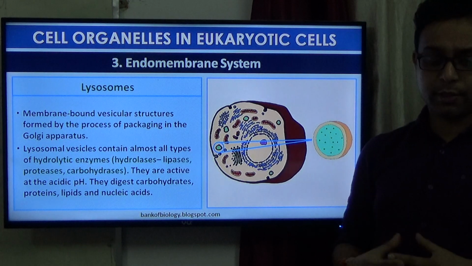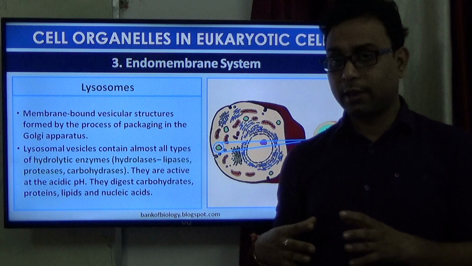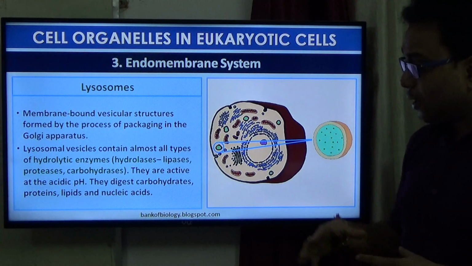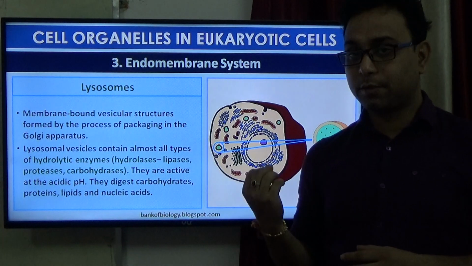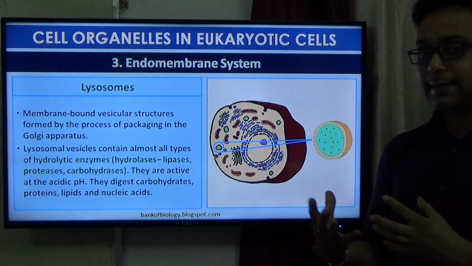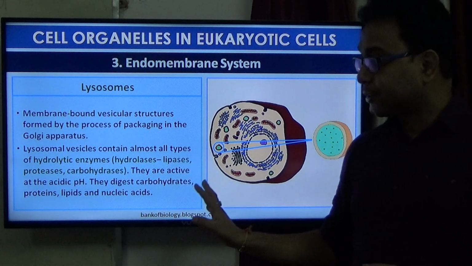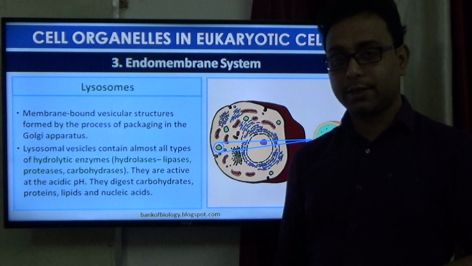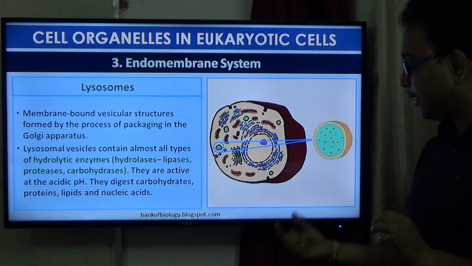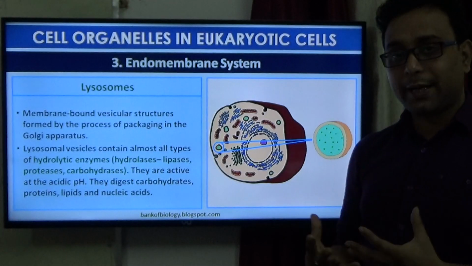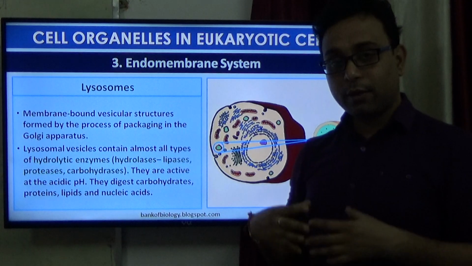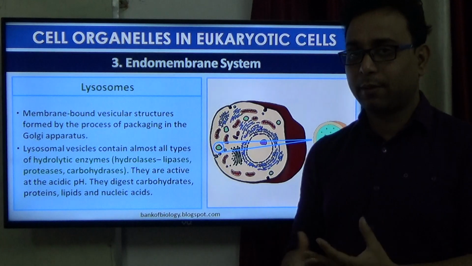So what is their function? But at first you must clearly understand that every enzyme has an optimum pH and optimum temperature. Similarly here, they are active at acidic pH. So all the enzymes in the lysosome have acidic optimum pH for their maximum action.